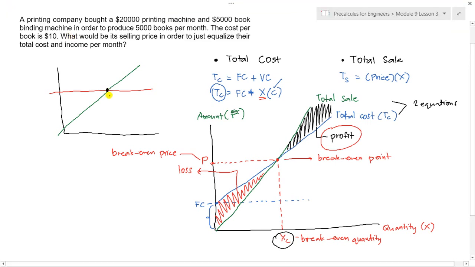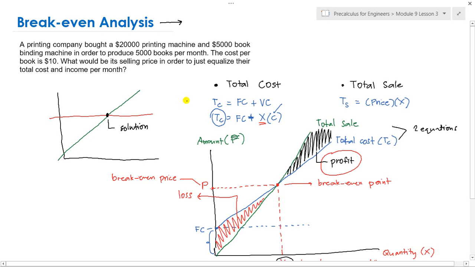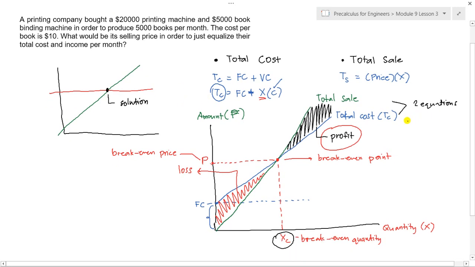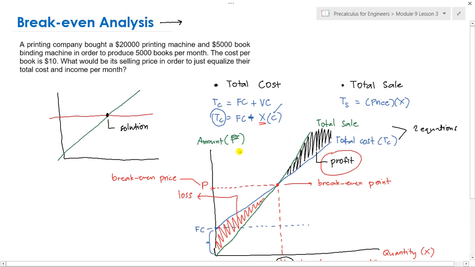Therefore, in solving problems involving break-even analysis, we use our knowledge from simultaneous equations, we're just solving the unknowns. Whatever the answer is, those are the break-even values: for x, the break-even quantity, and for y, the break-even price. So, do you understand the concept of break-even analysis?